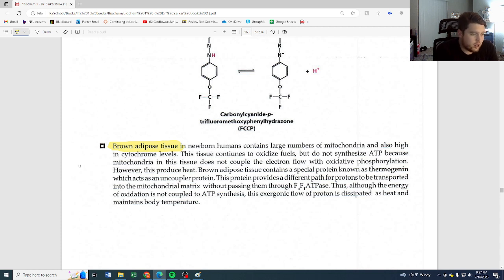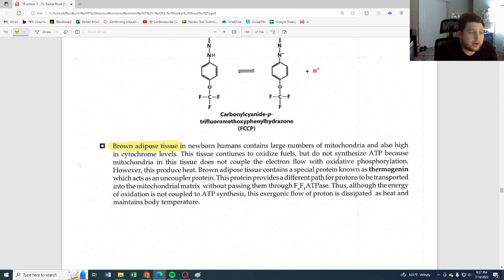Thus, although the energy of oxidation is not coupled to ATP synthesis, the exergonic flow of protons is dissipated as heat and maintains body temperature. So in babies and newborns, they need to be able to keep their body temperature up. Newborns tend to run a little bit warmer than adults or older people. And this is the reason why.